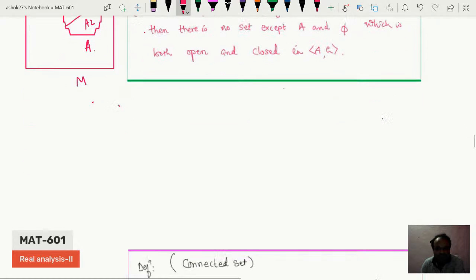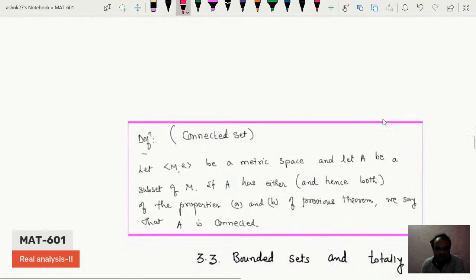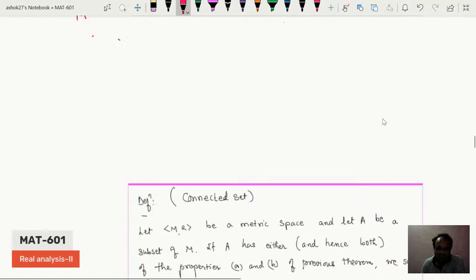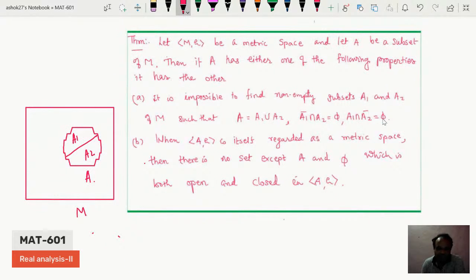So what is the definition of a connected set? Let (M, rho) be a metric space and A a subset of M. If A has either, and hence both, of the properties A and B of the previous theorem, we say that A is connected. So this is a connected set.